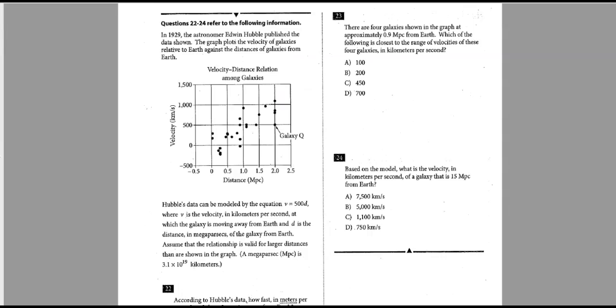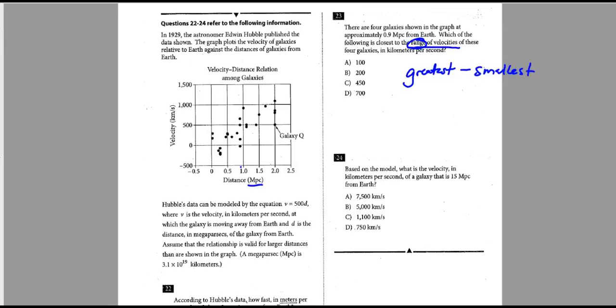There are 4 galaxies shown in the graph, approximately 0.9 megaparsecs from Earth. So which of the following is closest to the range of velocities? So the range means the greatest minus the smallest. So that's how you define the range of velocities. And we're looking at 0.9 MPC.